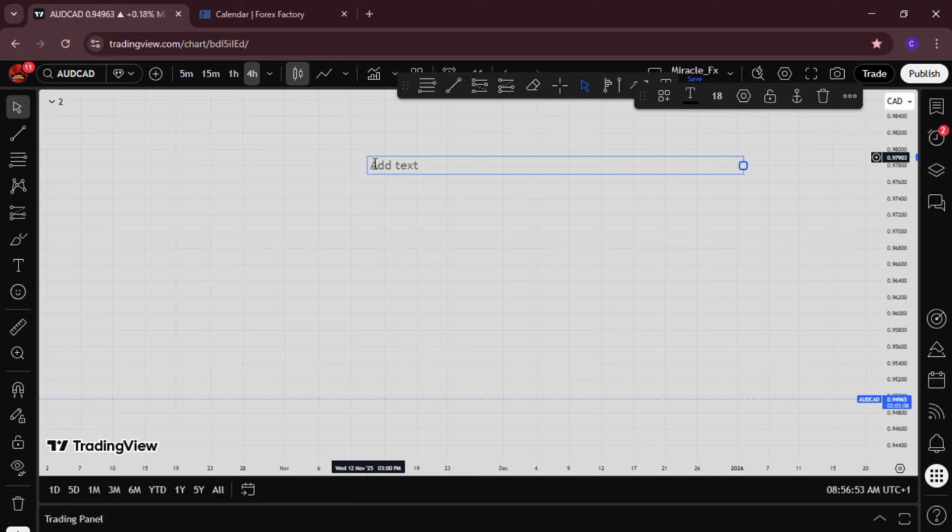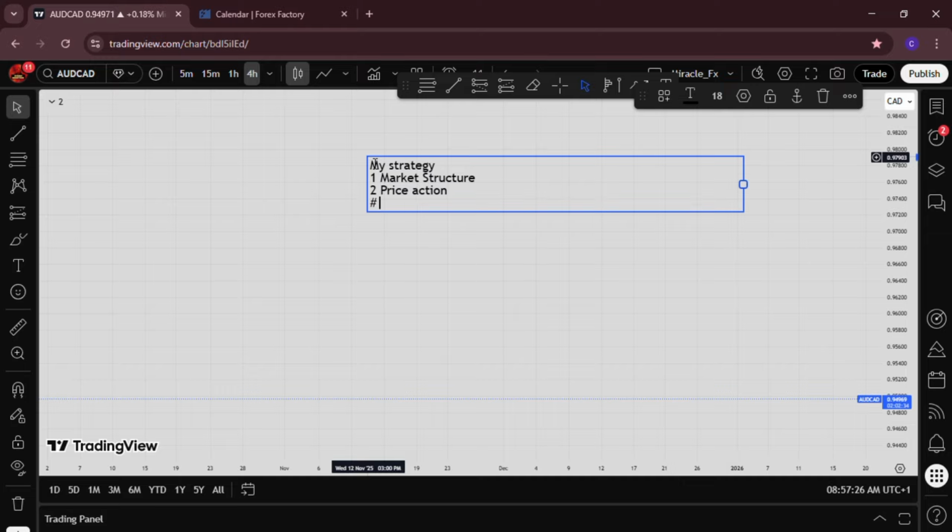The first thing I'm going to be talking about is trade based on market structure, then price action, then the last one is liquidity.